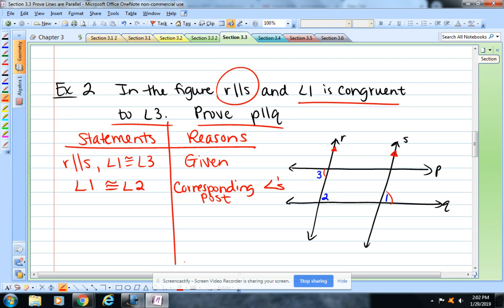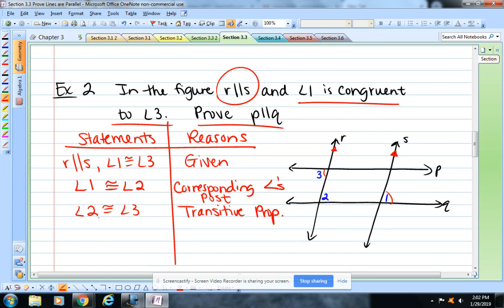Y'all with me? What property, postulate, theorem, whatever says I can say that? Two things are congruent to the same thing, then they're congruent to each other. Very good. Why'd I put it congruent to itself? It's not reflexive, it's transitive. Sorry. Y'all with me?